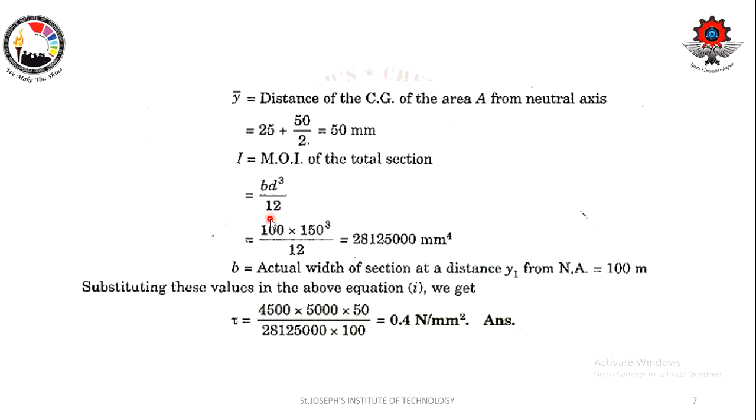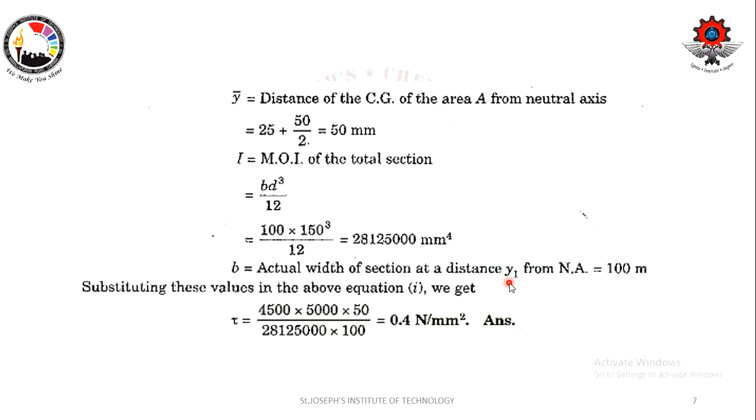The width is 100 and the depth is 150, so 100 into 150 cube divided by 12 gives you 28125000 mm power 4.